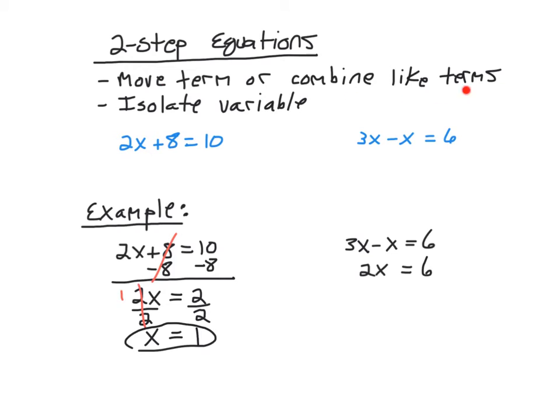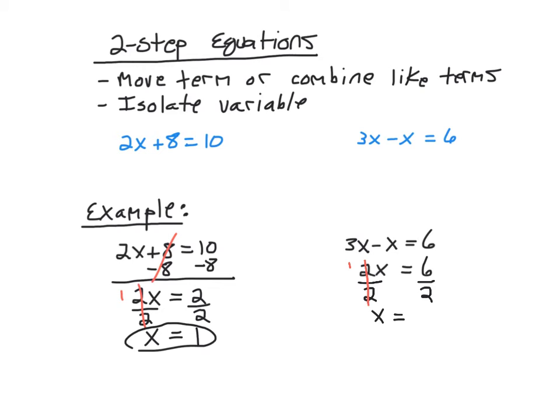So step 1, we've completed. We essentially combined like terms. Now we're going to do step 2, which is isolate my variable. I have a 2 times x, so again I'm going to do the opposite of multiply, which is divide. And as long as I do it on both sides, I'm good to go. Once again, 2 divided by 2 gives me the 1, so all I have left is x on this side.